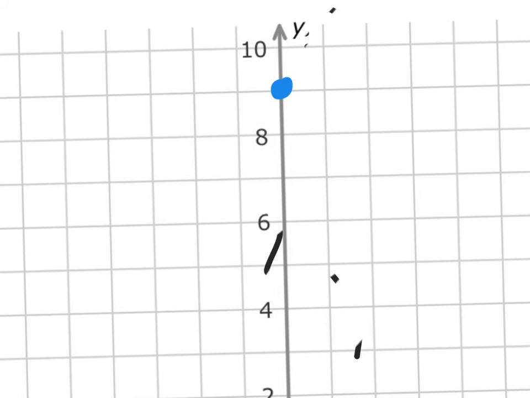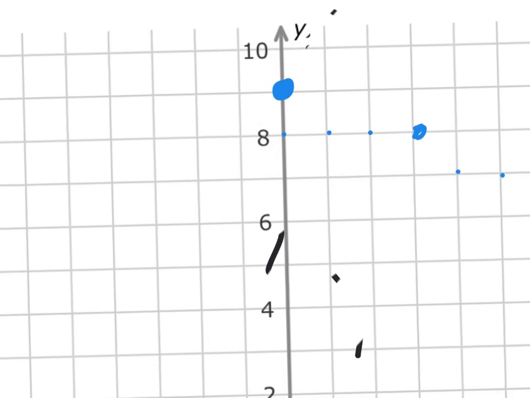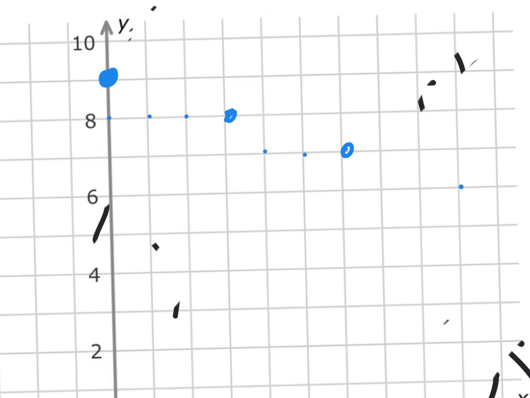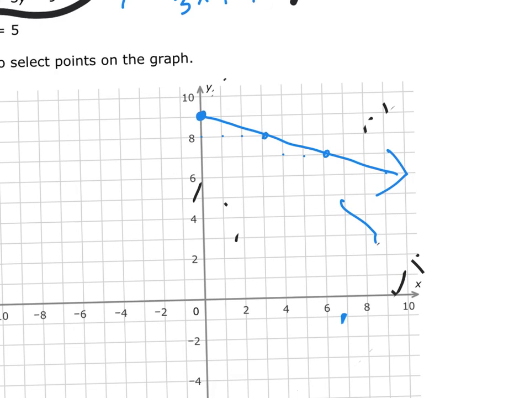Down 1 to the right 3, 1, 2, 3. Then boom, down 1 to the right 3. And then I continue with my line. I'm going to go one more. Down 1 to the right 3. Boom.